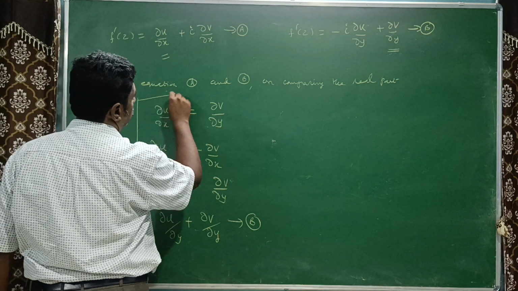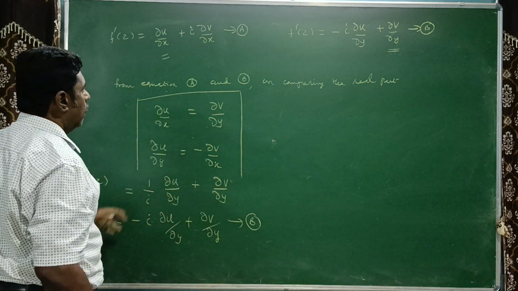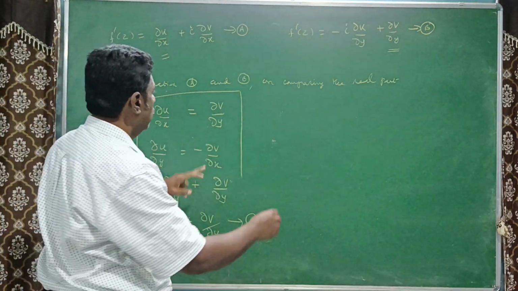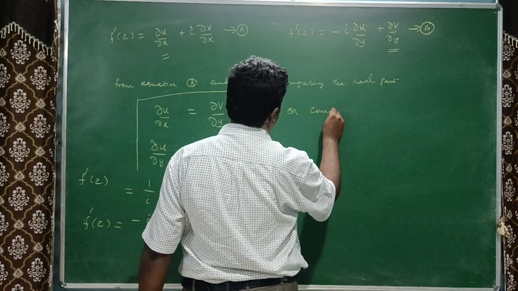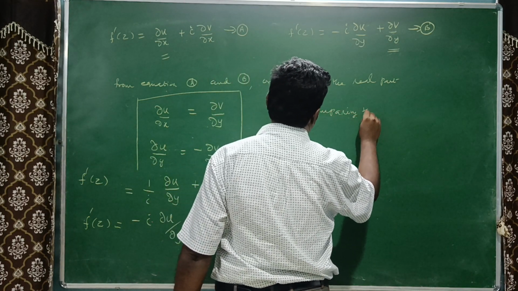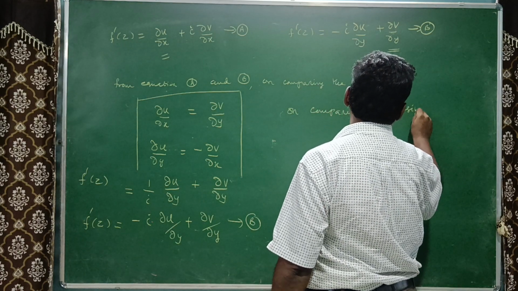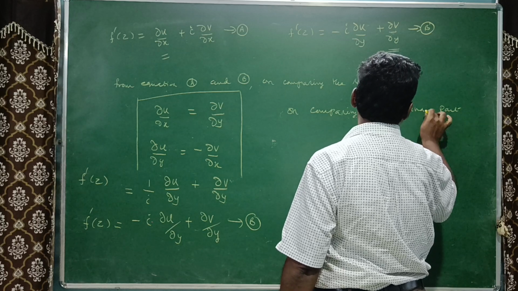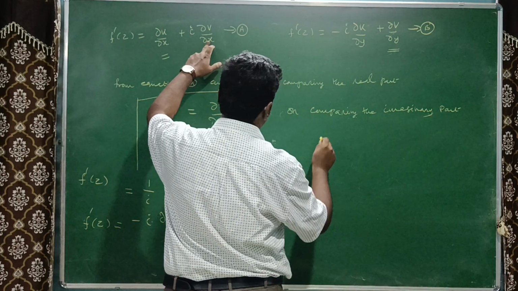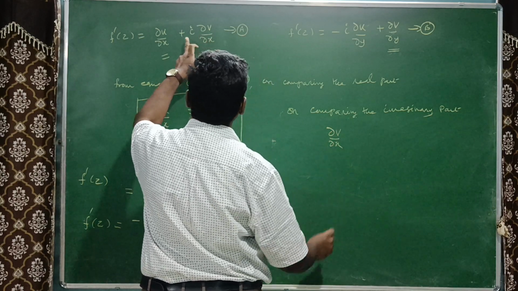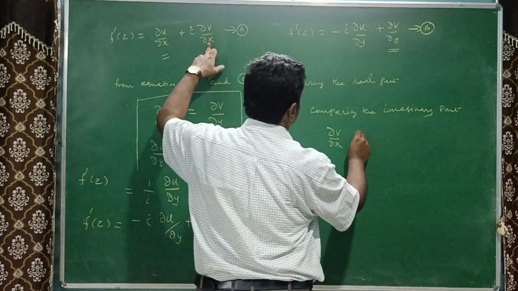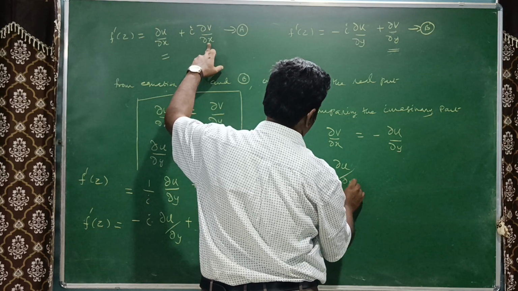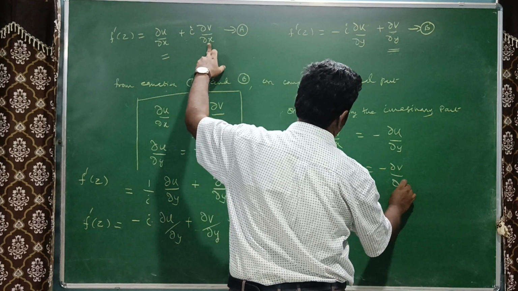These two equations, on comparing the real part, we can get ∂u/∂x equal to ∂v/∂y. On comparing the imaginary part, ∂v/∂x is equal to minus ∂u/∂y. Therefore, ∂u/∂y equal to minus ∂v/∂x.